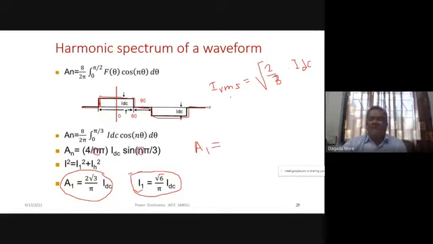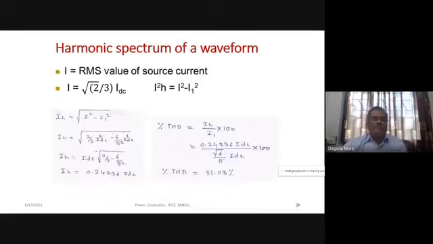So we know the RMS value, and we know I1, which is root 6 by pi IDC. Then we find the harmonic current IH. IRMS is the square root of 2 by 3 IDC.